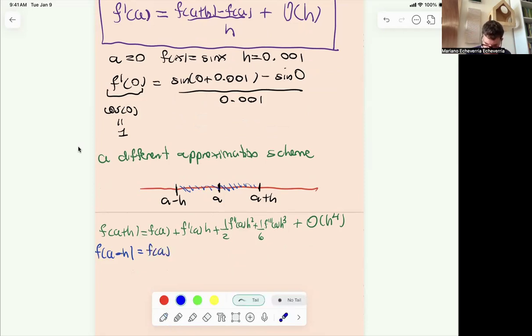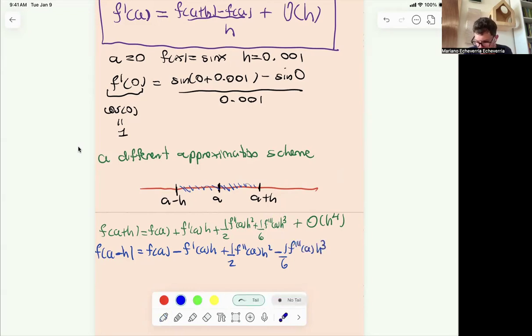The only difference is that because there's a minus H here, wherever you see an H, you just replace it with minus H. So you get f of A minus f prime of A times H plus 1/2 f double prime of A times h squared. This one doesn't change sign because h and minus h squared are the same, but the cubic does change. So this one gives you minus 1/6 f triple prime of A h cubed.